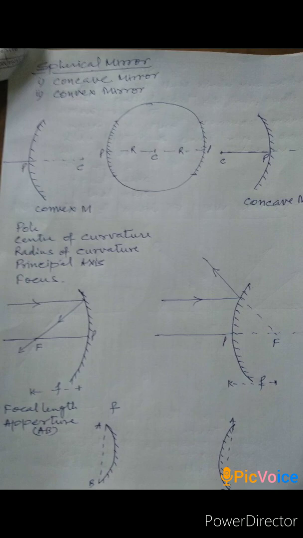It is represented by capital R. The principal axis is the line joining the pole and the center of curvature C and going outwards. So these are some important terms, and another one is focus.